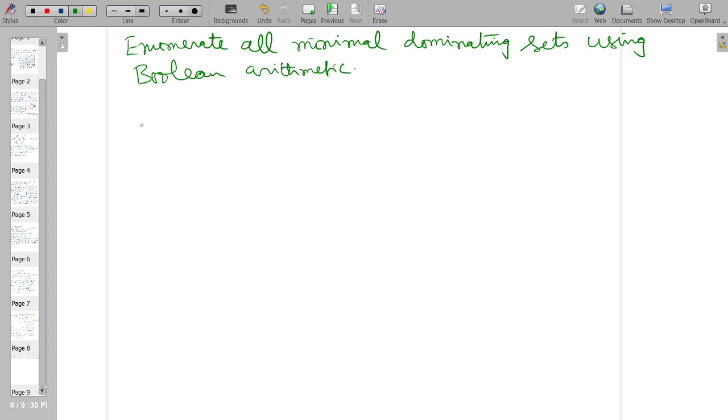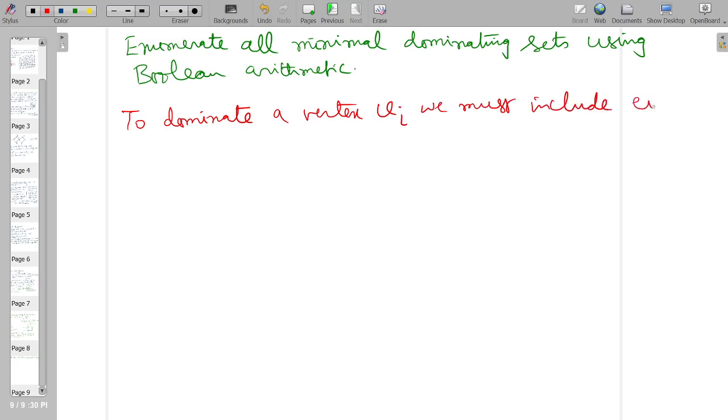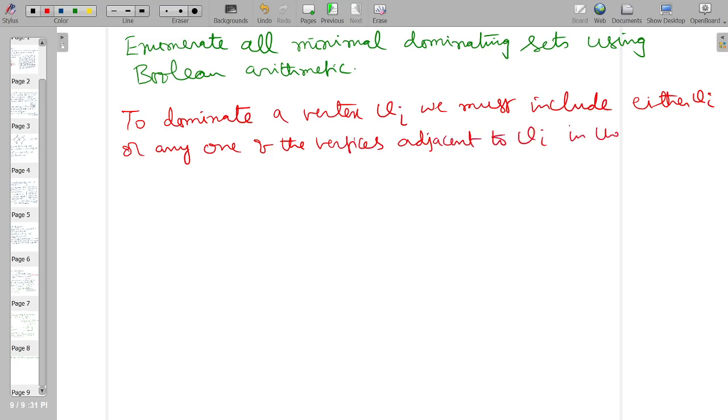For that, what we do here is this. To dominate a vertex Vi, suppose if I take a vertex Vi and if it has to be dominated, we must include either Vi in the set, or any one of the vertices adjacent to Vi in the dominating set.